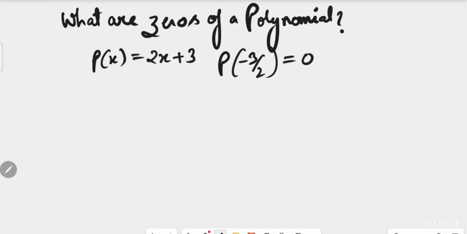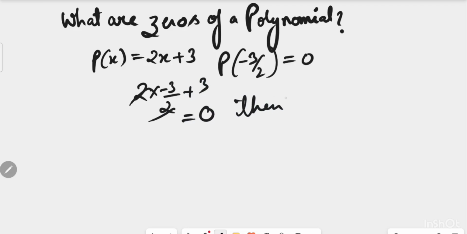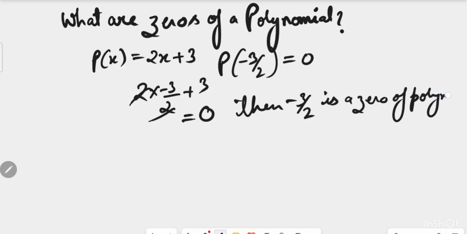Then if we put x as minus 3 by 2, 2 into minus 3 by 2 plus 3, then it will be 0. Then minus 3 by 2 is a zero of the polynomial.